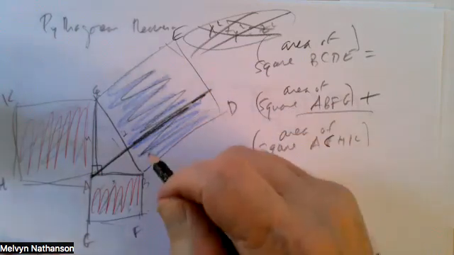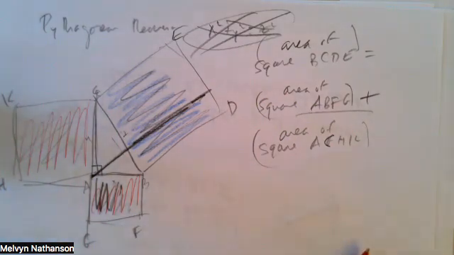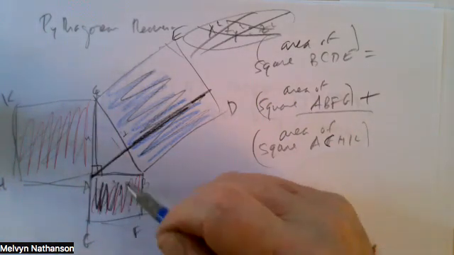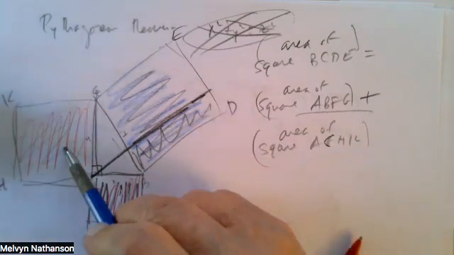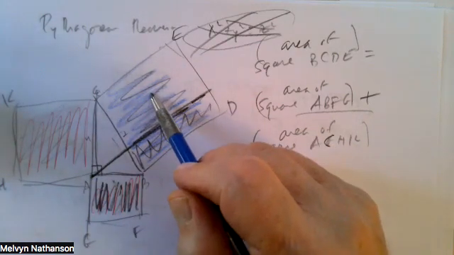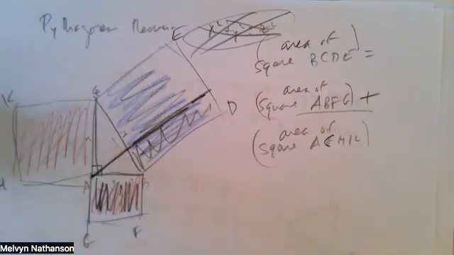And what we'll prove is the area of this small square equals the area of this small rectangle. The area of this square equals the area of this rectangle. So the sum of the areas of the two squares equals the area of the hypotenuse square. That's the Pythagorean theorem. And there's a very beautiful proof in Euclid, which we will do.